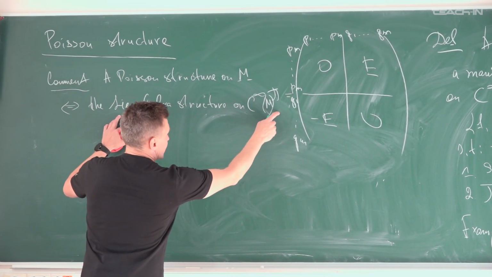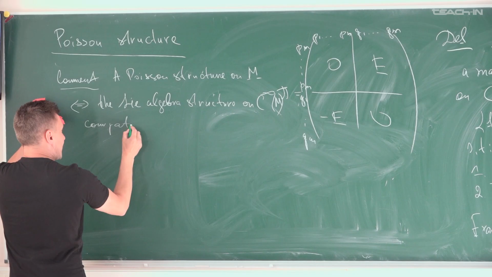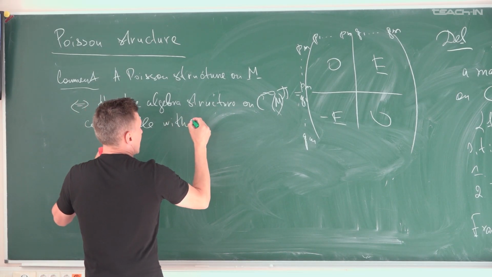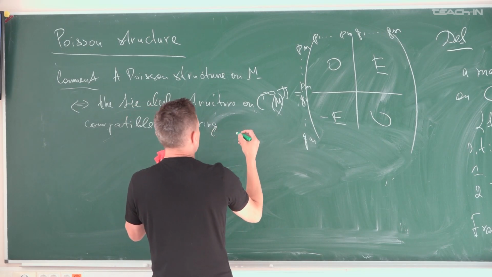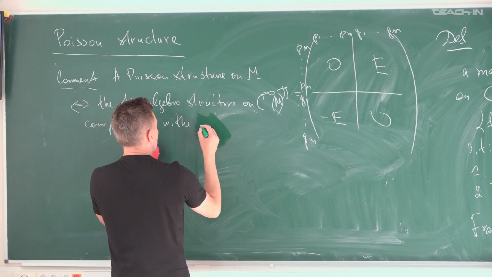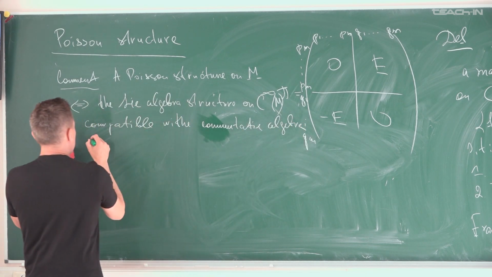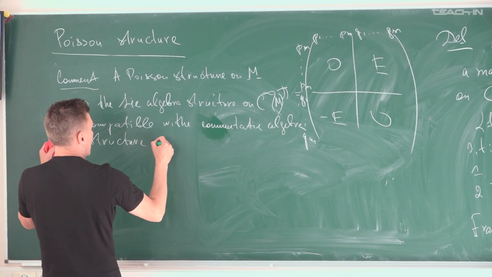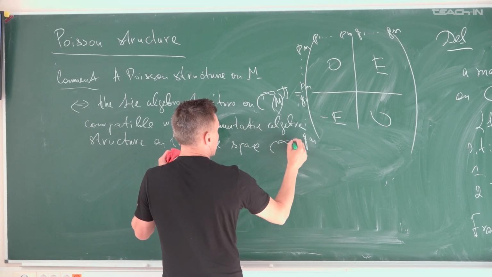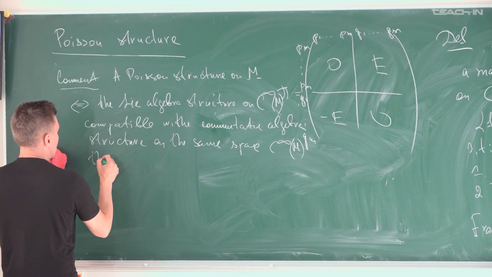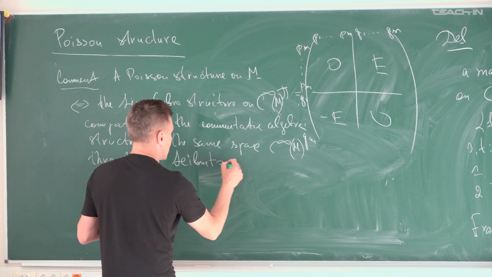So it is the Lie algebra structure on the space, compatible with the commutative algebra structure on the same space, C infinity, through the Leibniz rule.